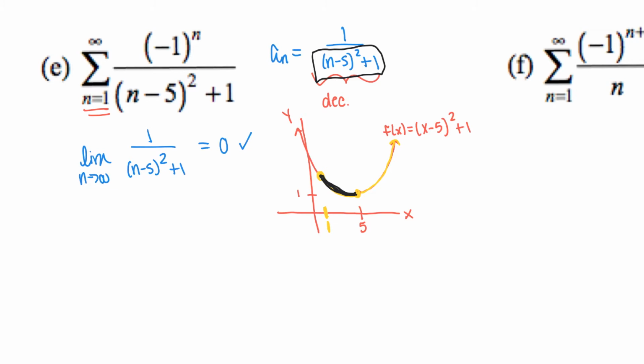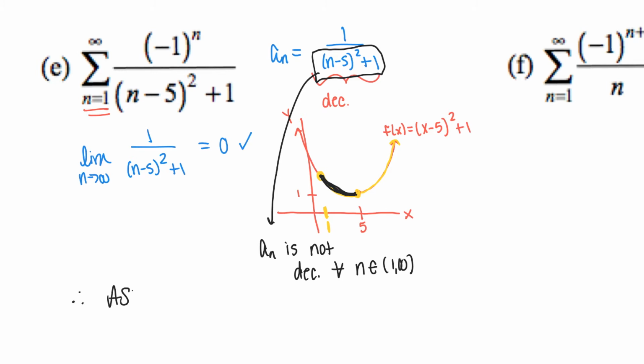So therefore, I cannot say that this a sub n is decreasing for all n values from 1 to infinity. And I can say it's not decreasing specifically from 1 to 5. So therefore, the alternating series test is inconclusive, and I would need another test.